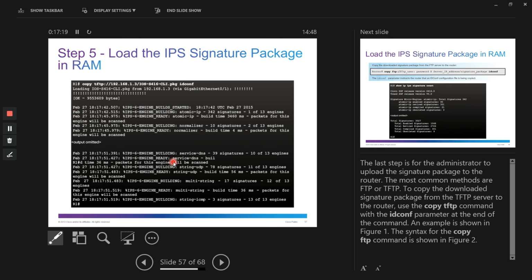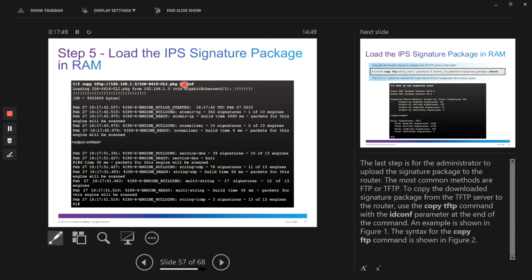This is the last step, as administrator: to upload the signature package to the router. The most common methods are FTP or TFTP. To copy the downloaded signature file from the TFTP server to the router, you can use the copy tftp command. This is the command you can see over here, and you have to use it with the idconf parameter at the end of the command as well.